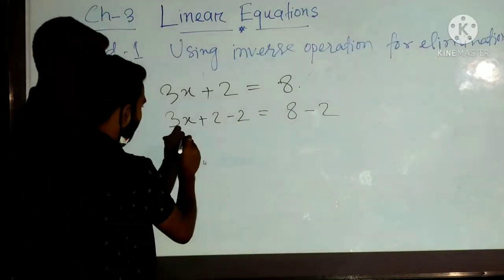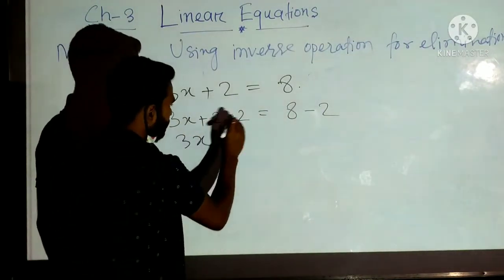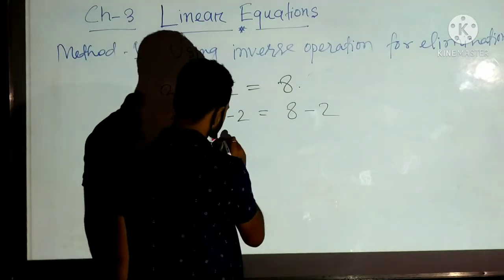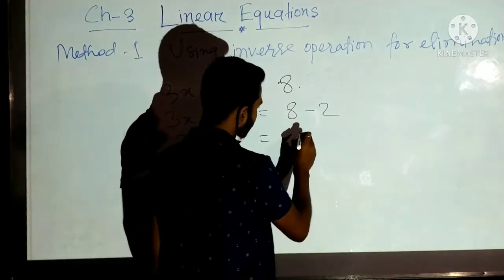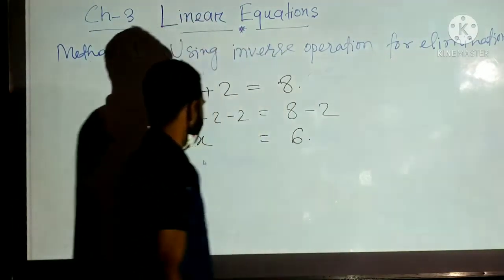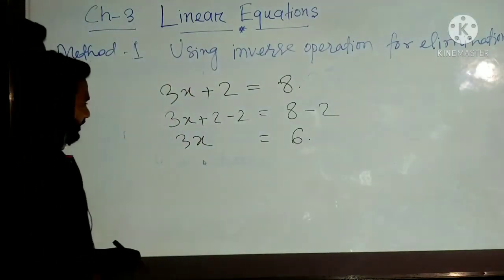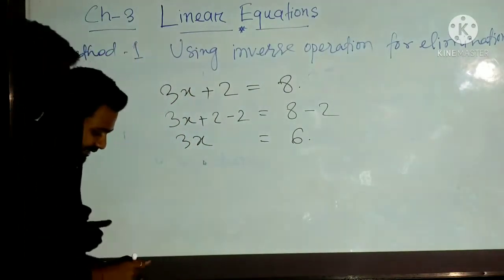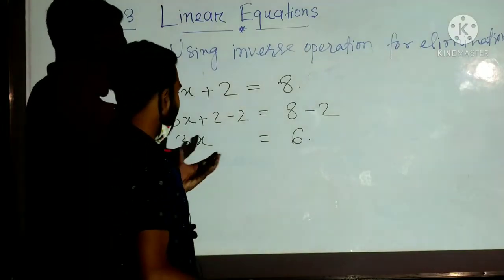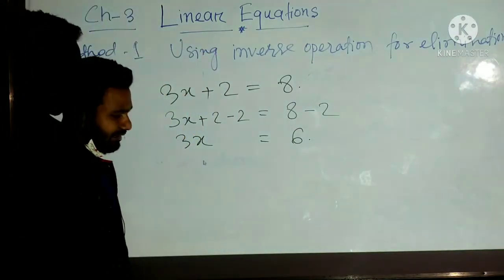Now our left hand side becomes 3x, since 2 minus 2 is 0, and 8 minus 2 is 6. Now this 3 is multiplied with the x.